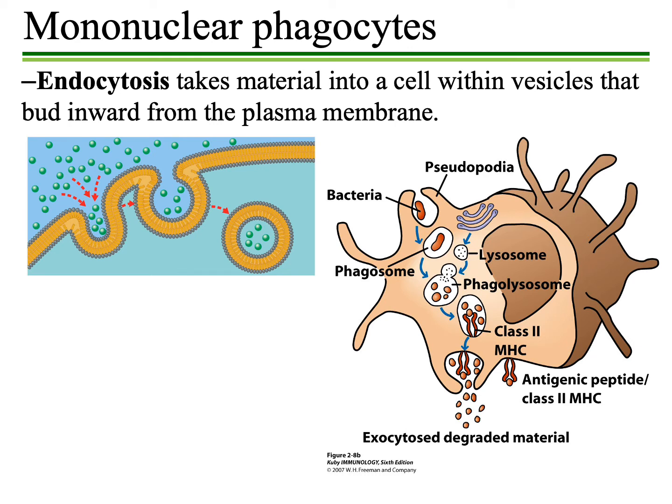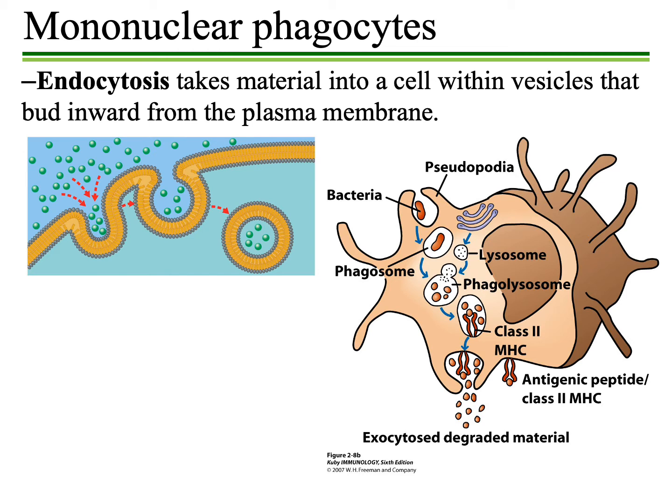The structure at this point is referred to as a phagolysosome. Now, one of two things can happen at this point. The complete breakdown of the pathogen definitely occurs, and if we follow that all the way to the bottom of the slide, what we can see is those particles are going to be released, which will then be removed from the host system.